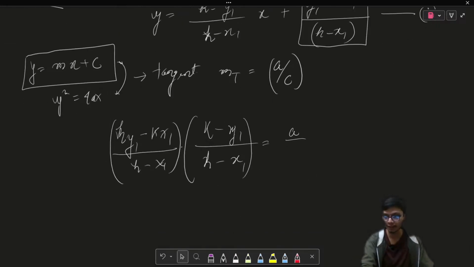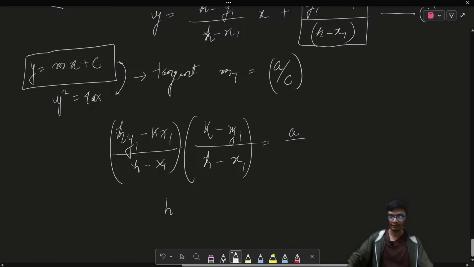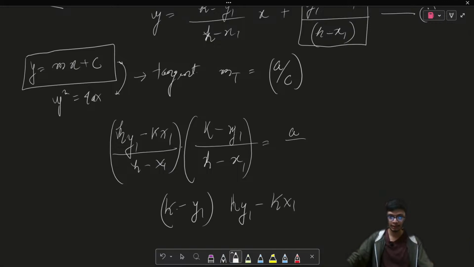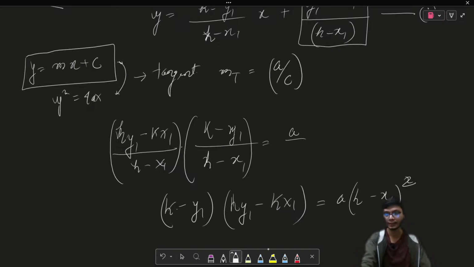So if I simplify this part out, what I'm going to get is k minus y1 multiplied with h y1 minus kx1, that should turn out to be a times of h minus x1 whole square, sorry, x1 whole square, right?